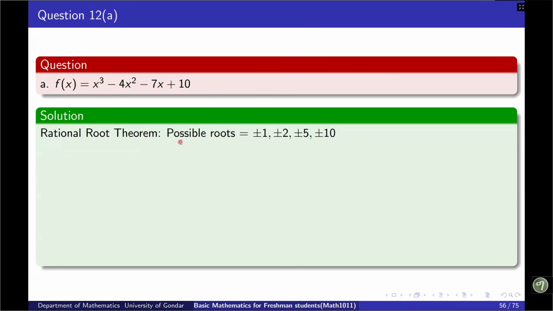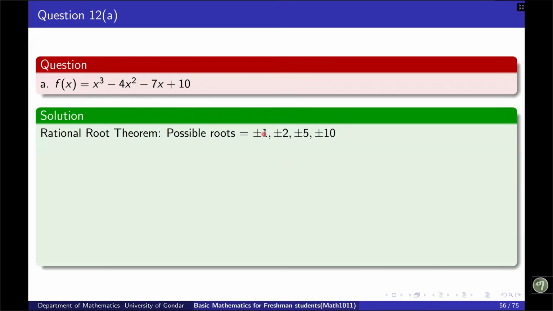So the possible roots are as follows. The factors of the constant term, the numerators of the rational number, could be plus or minus 1, plus or minus 2, plus or minus 5, and plus or minus 10 itself. Similarly, the factors of the leading coefficient, 1, will be only plus or minus 1.